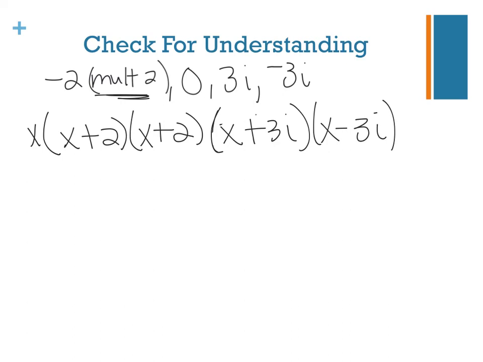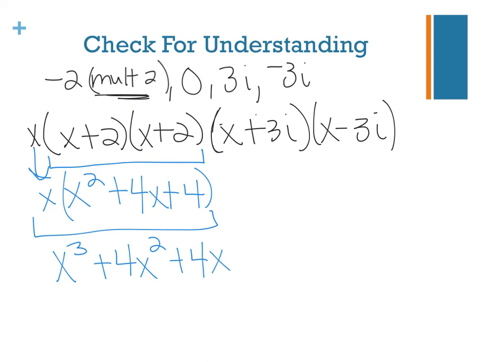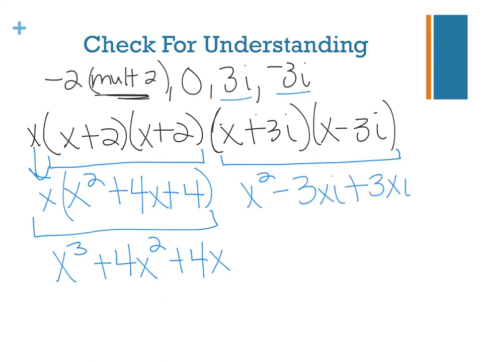Now, what we're looking for is to multiply this stuff together. So I'm going to first start by multiplying x plus 2 times x plus 2. That gives me x squared plus 4x plus 4 if I FOIL. Then I'm going to multiply that by x, which gives me x cubed plus 4x squared plus 4x. And if I FOIL out the two complex factors, the ones that produce zeros at 3i and negative 3i, I get x squared minus 3xi plus 3xi minus 9i squared.